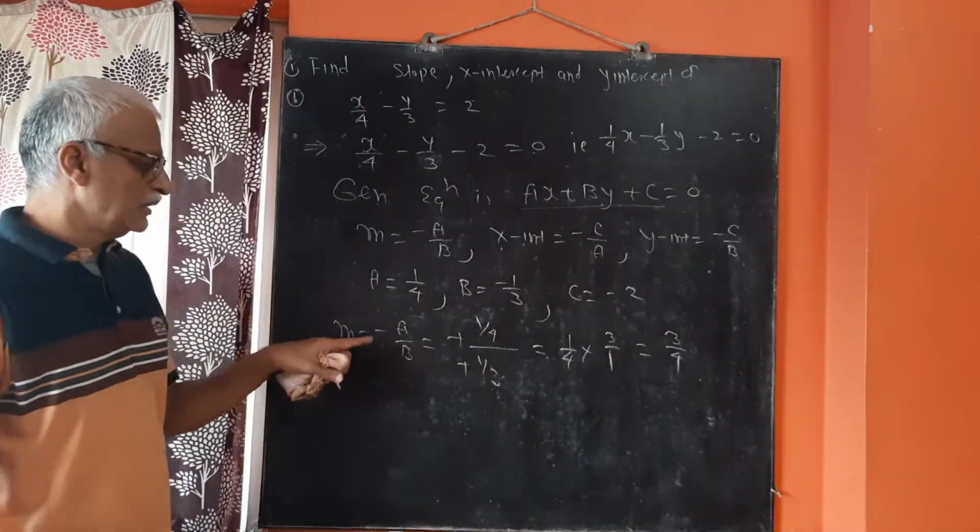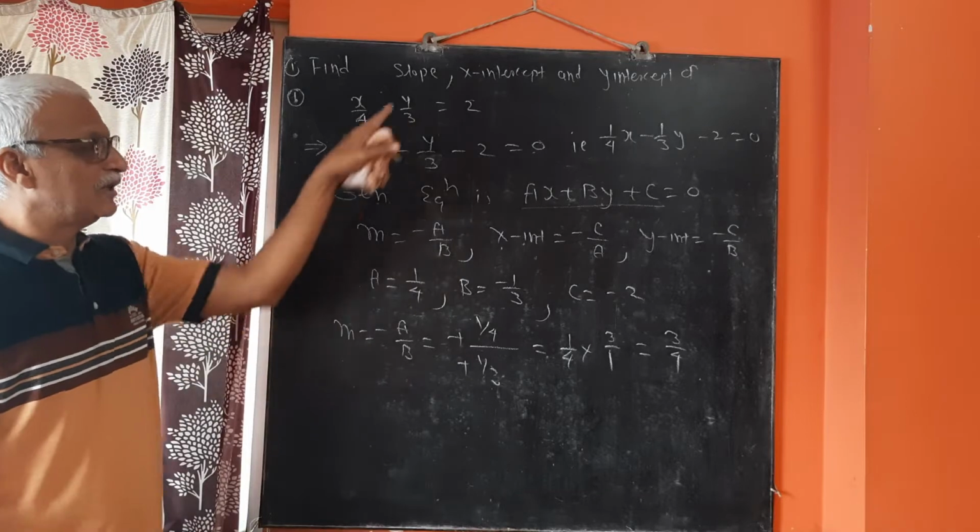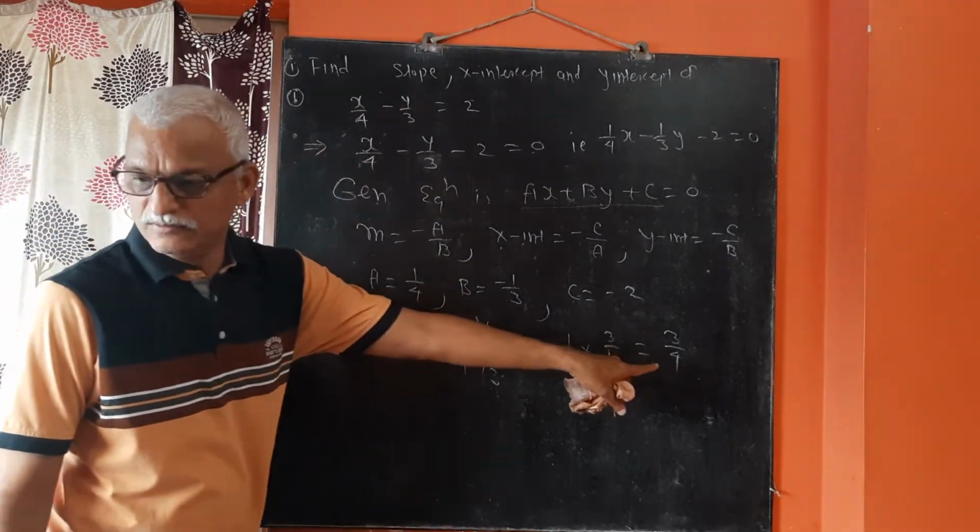So the value of slope for that equation is equals to 3 by 4.